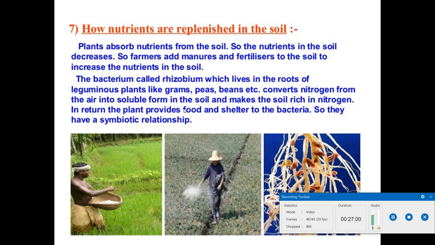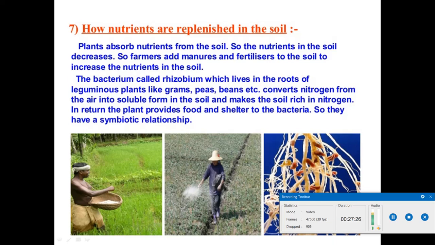Let us see that. You can observe here in this picture, these are the roots of a leguminous plant. This leguminous plant has root nodules. In these root nodules, the bacteria, rhizobium bacteria, take shelter.